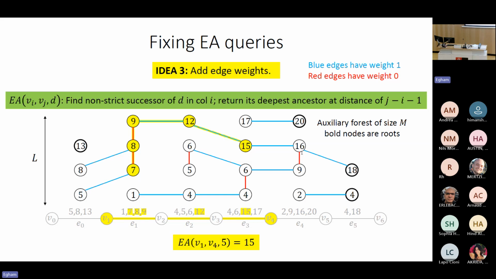Then we compute the ancestor that is at a weighted distance of 2, which is again 15 in this case. In case there are multiple ancestors at the same weighted distance, we have to select the deepest one, which corresponds to the vertex that contains the right answer to our query.